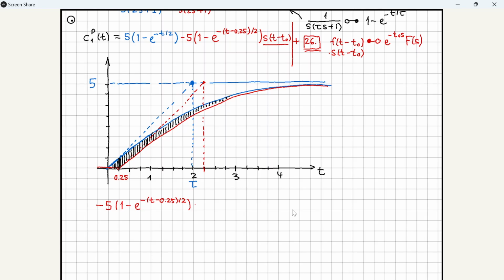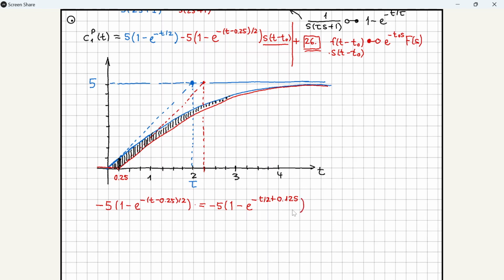Let's write it slightly differently, because this is minus 5 times 1 minus e to the minus t over 2 plus 0.25 divided by 2, which is plus 0.125.